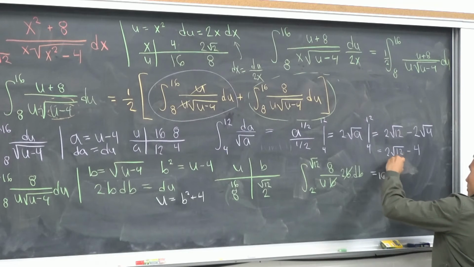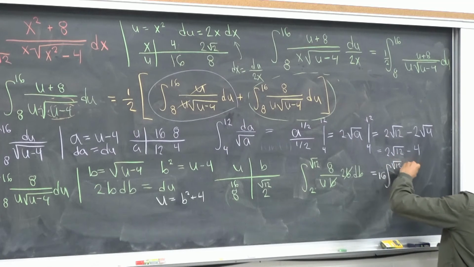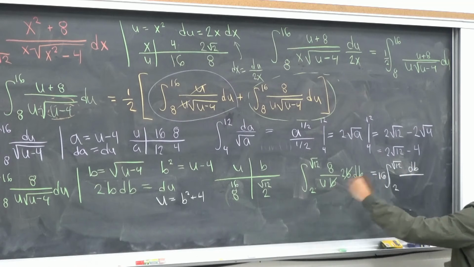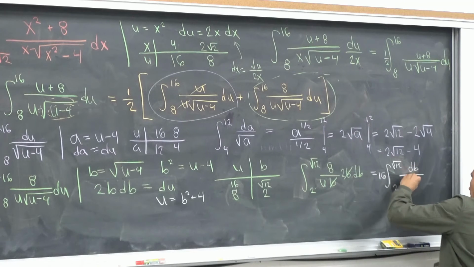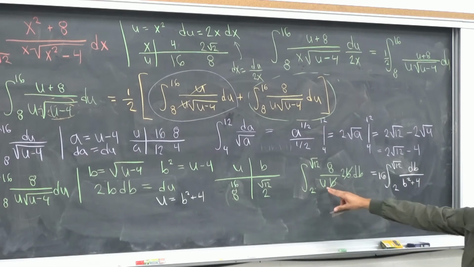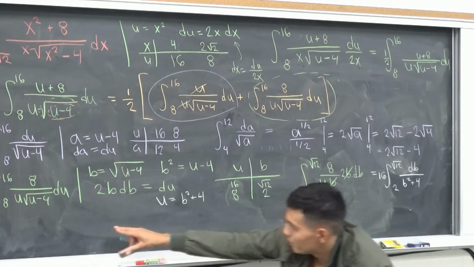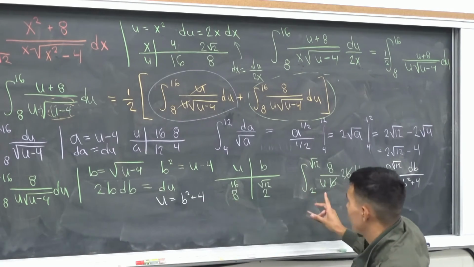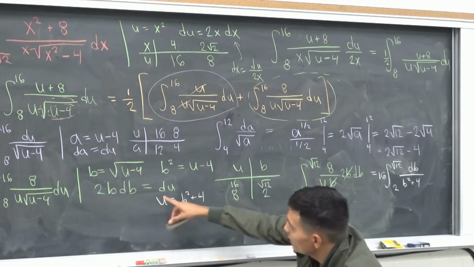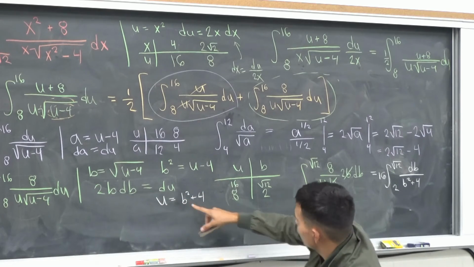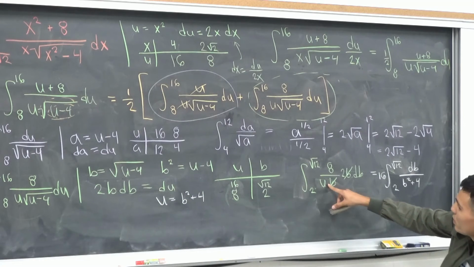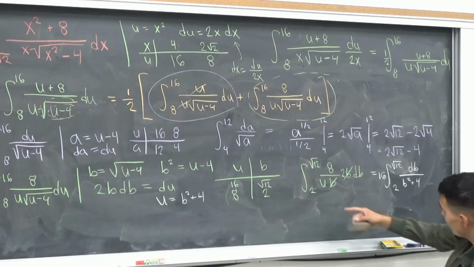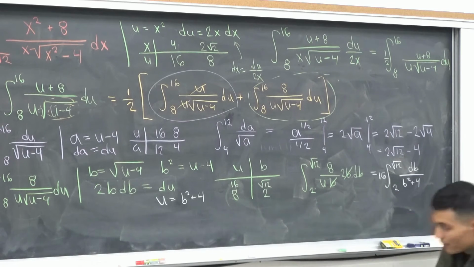Just trying to make this a little bit nicer here. So db over b squared plus 4. Okay, look, there's a u here, right? Because we couldn't get rid of it initially with our substitution, but we know that you can rewrite u as this. So remember, u is not a constant, it is a function of b, and this is an integration of b. Okay.